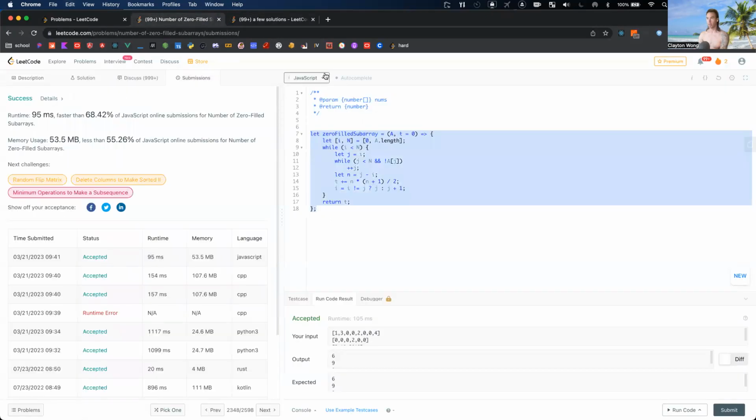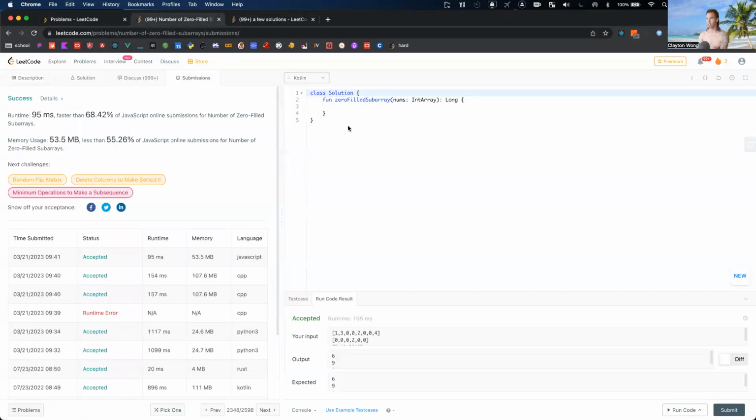Bam. All right, Kotlin. In here, 0 long and a dot size. Return t, which would be our total. t is long. While i is less than n, j is i.